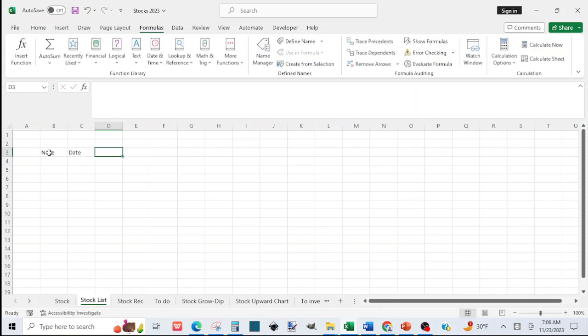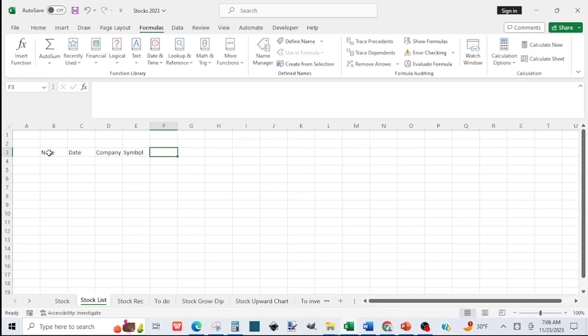The following one could be your stock symbol or the name of the company. So you can just say company name. The following column will be symbol. That will be the stock symbol.